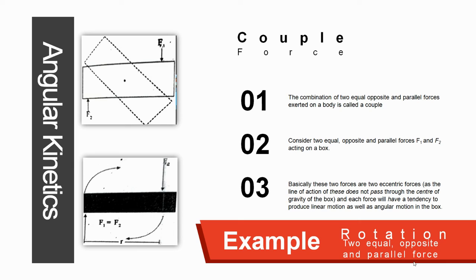The rotatory effect of one force is increased by the presence of the other force, as both forces tend to cause clockwise rotation, which we can see in the figure. Hence, under the influence of such an arrangement of forces, a body will have only rotation. Thus, a couple tends to cause rotation.